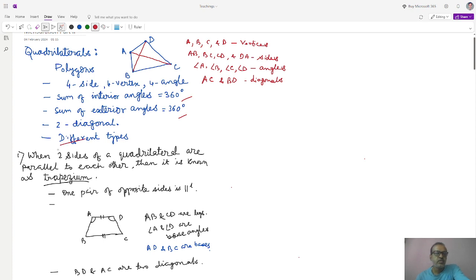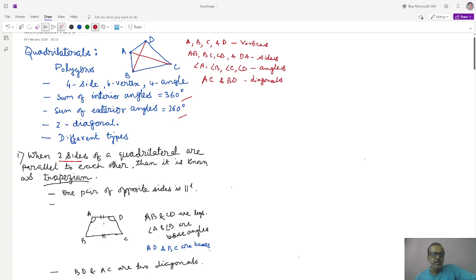When two sides of a quadrilateral are parallel to each other, then it is known as trapezium. Here, in this quadrilateral ABCD, the two sides AD parallel to BC. So, it is a trapezium, right? One pair of opposite sides is parallel.